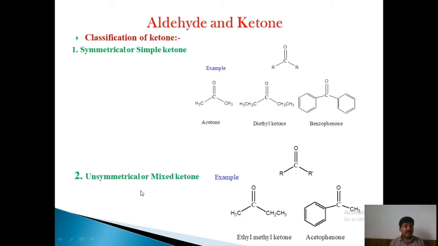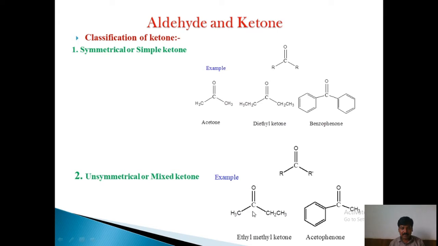Then the second one, what is unsymmetrical? Unsymmetrical ketone is also known as mixed ketone, that is, the ketone containing different alkyl or aryl groups. The general formula is RCOR'. It means both alkyl or aryl groups are different. This is an example. This is your ethyl methyl ketone.